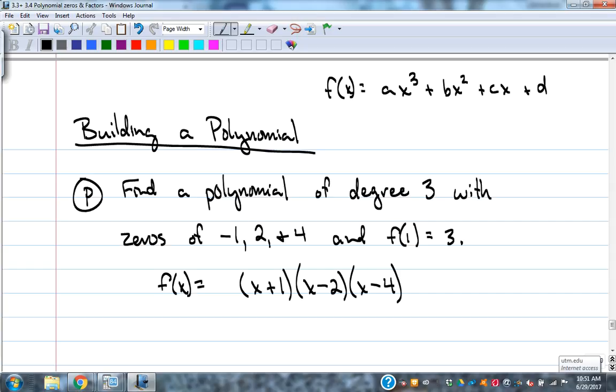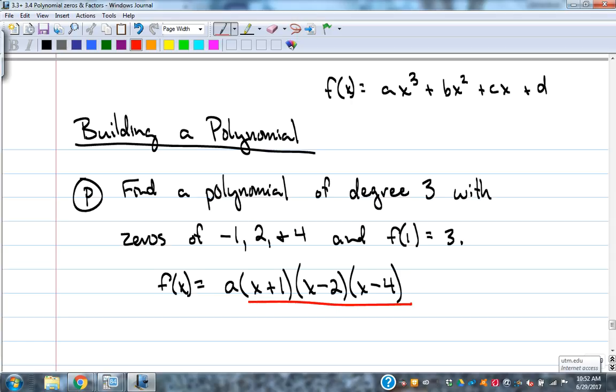The part that we don't have is that number that's in front of it all, the a value, the leading coefficient. We're going to call that a. Okay, so I'm going to put this a there hanging out, waiting for something to happen. So what I want to do is multiply out all of this stuff first.